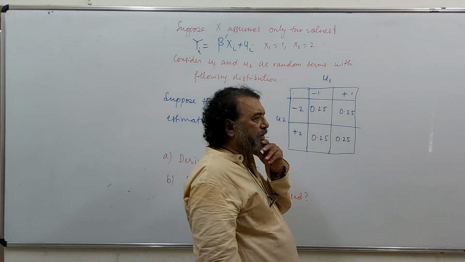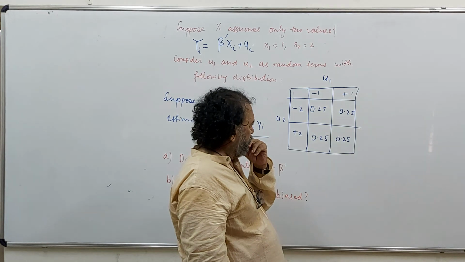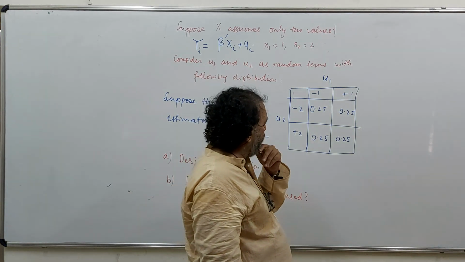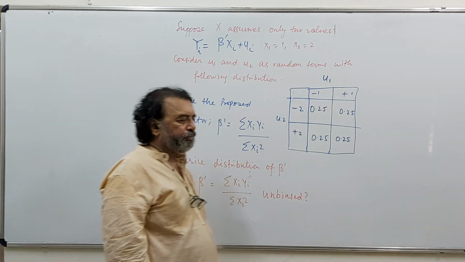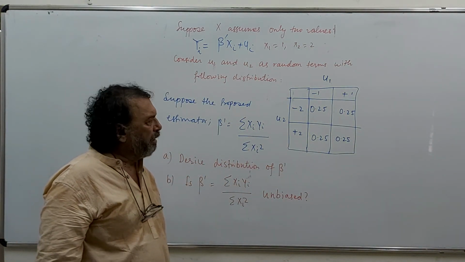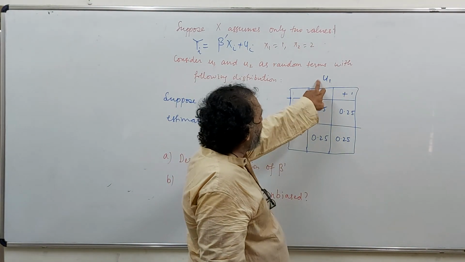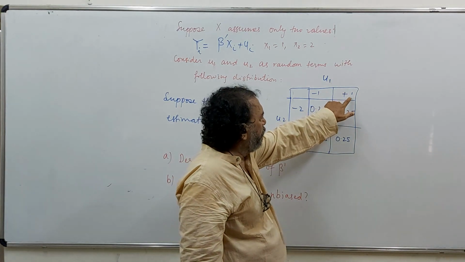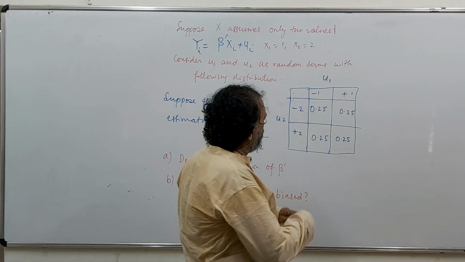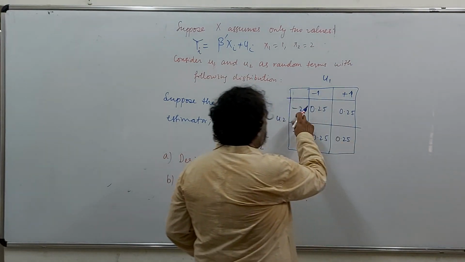And what we have taken, again for simplicity, is as if they were fixed, uniform distribution; we are saying that all of them are equally likely. Not a very restrictive assumption. So, what does it mean? u1 can take either minus 1 or plus 1 as value. So, both u1 and u2 have fixed values.